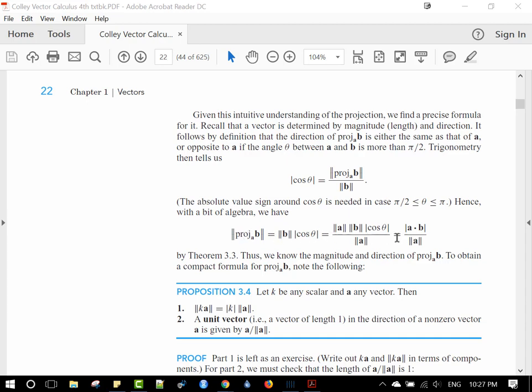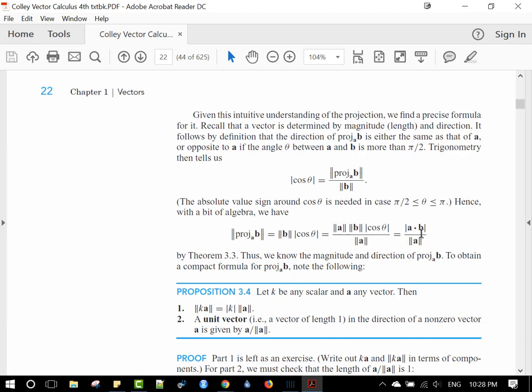And they're going to show that it's equal to this. Now, the whole expression to the left of the equal sign is not a vector. The stuff inside is a vector, but once you put the norm around it, it's a number.